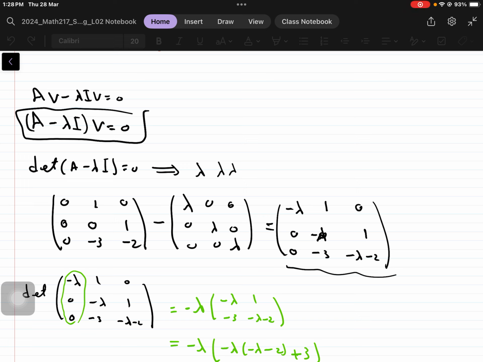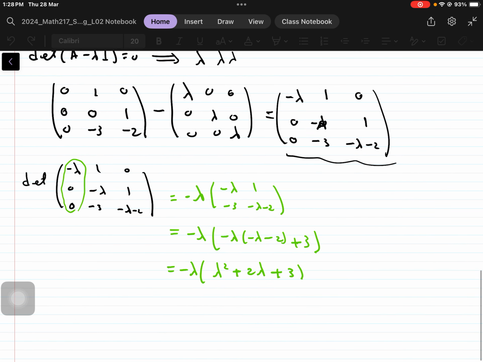Well, we need to find the lambdas, so we need to factorize. If lambda is already factored out, that's very good, instead of multiplying and then trying to solve a third order polynomial. So here is minus lambda times lambda plus 2 times lambda plus 1.